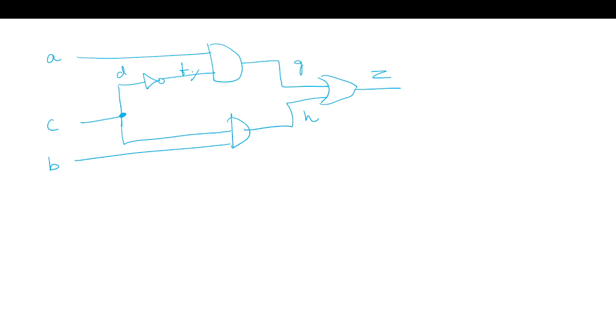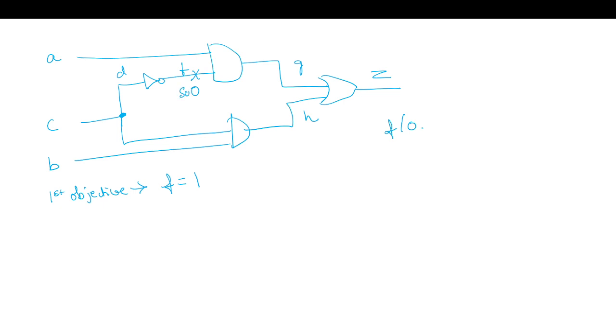So now if f is stuck at 0, the first objective is that we want f equal to 1 so that we can excite the fault. Now we backtrace from the objective.